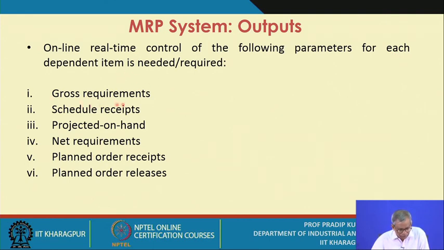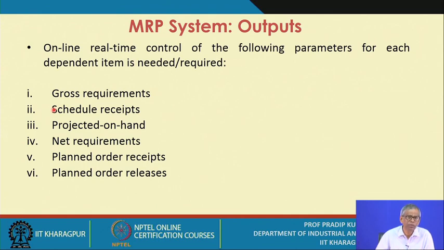So what are these? First one is the gross requirements. This information you must have. What is the second one? The second one is the scheduled receipts. That means you have a production unit, and you have a supplier for the given item. From the supplier, you are supposed to get these items on a particular date.